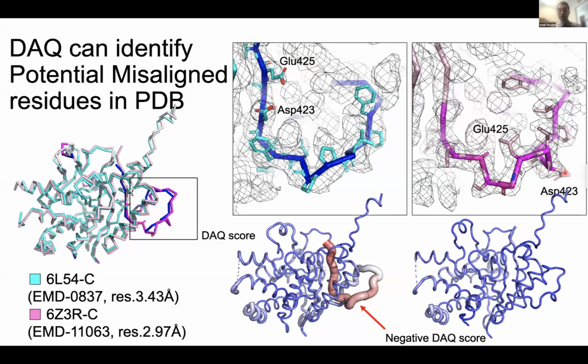Even in the PDB database, these two structures are inconsistent. But using the DAQ score, these regions have a negative DAQ score. It's highly possible that this left PDB structure is not matched well with the density. So this is the DAQ score.